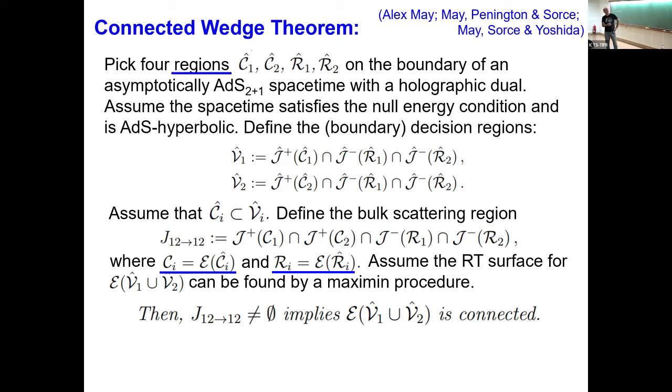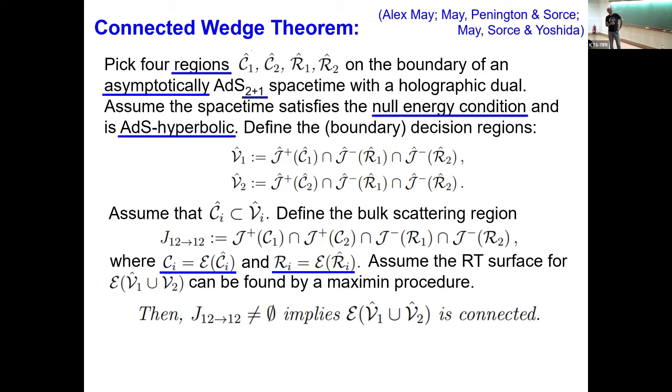One is that instead of talking about input and output points, they're talking about regions. And so when I talk about the corresponding bulk regions, I'm talking about an entanglement wedge rather than the causal future of a point, say here.